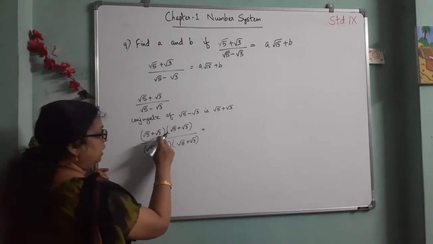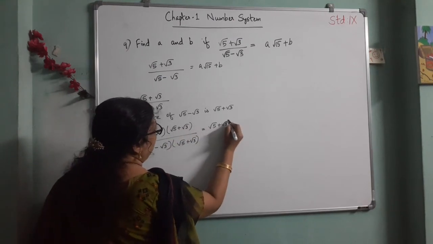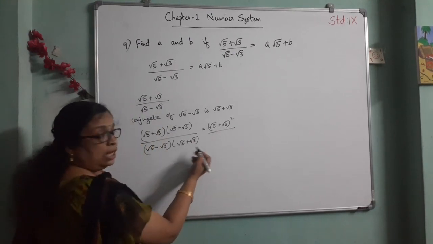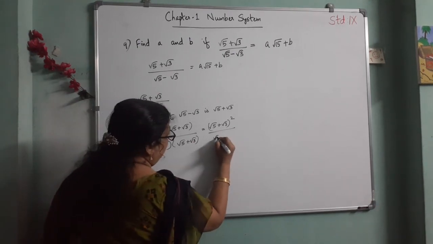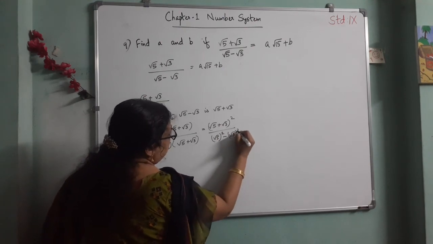That is equal to, here the same, so we can square: root 5 plus root 3 the whole square, divided by here a minus b into a plus b, that is a square minus b square, root 5 square minus root 3 square.